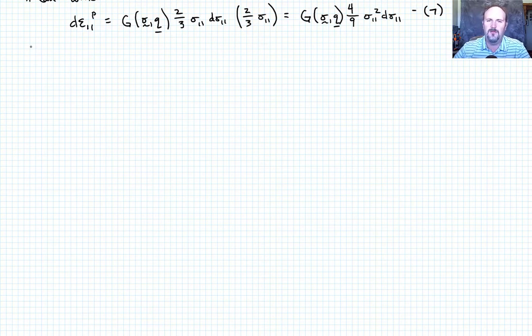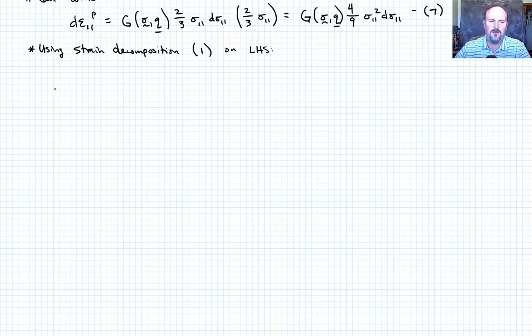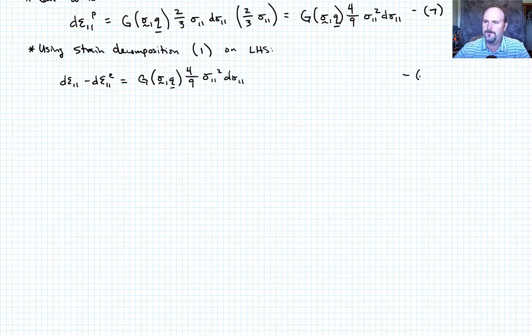Using the strain decomposition, which was equation 1 when we first wrote this down, on the left-hand side we can write d epsilon 1,1 minus d epsilon 1,1 elastic, which is now going to be equal to g of sigma and q times 4/9 sigma 1,1 squared d sigma 1,1. Let's call that equation 8.